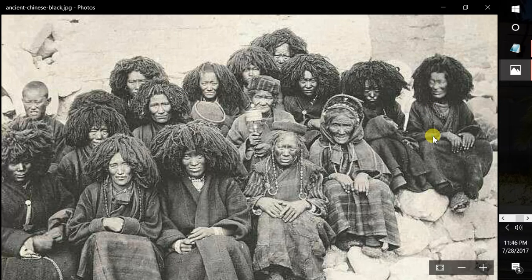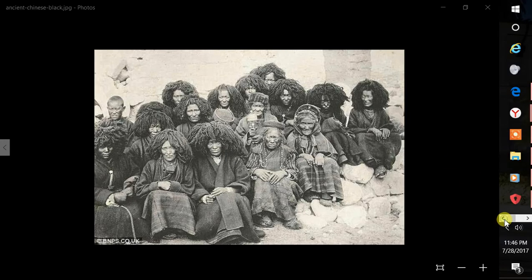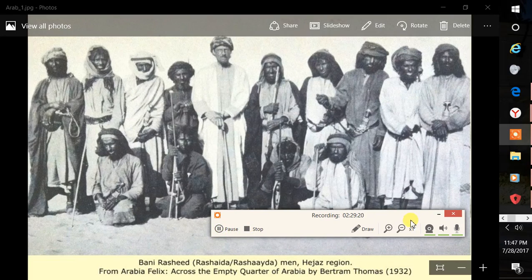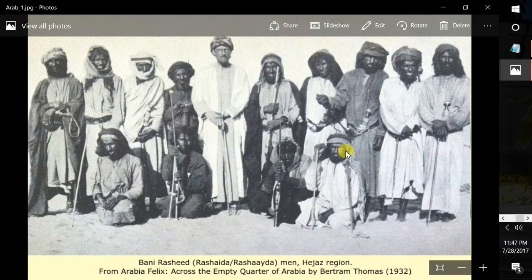All right. Next, I'm going to show you some other slides of olden days people to see how they looked before, and after 1751, when Benjamin Franklin said that he wished that they would increase their whiteness. Now, these were the last surviving Arabians. As you can see, this picture was taken in 1932.